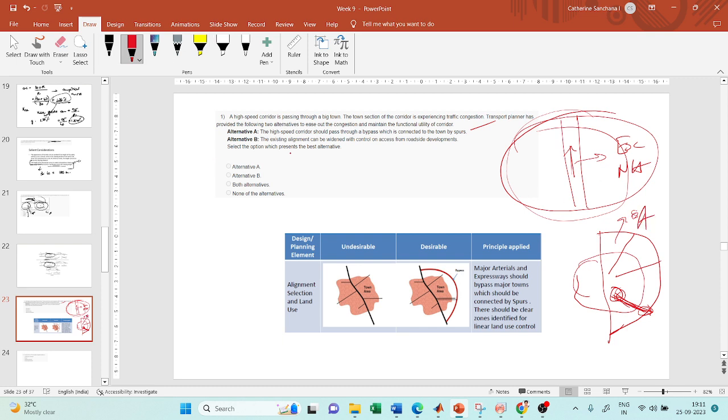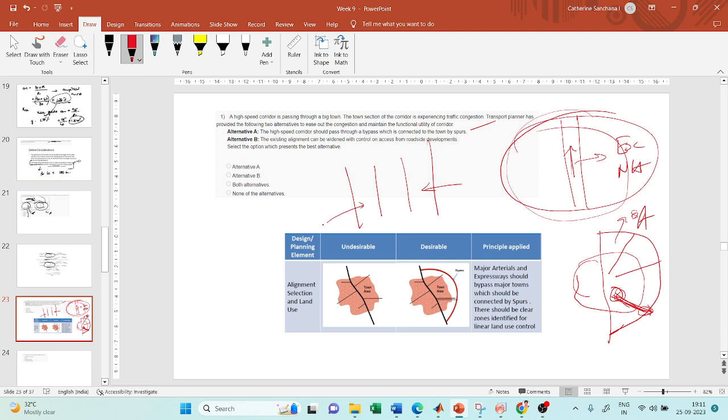Alternative B is that the existing alignment can be widened with control on access from roadside developments. So you have, say, a 4-lane road. They are saying just widen the roads and provide access control. We already saw what access control is.